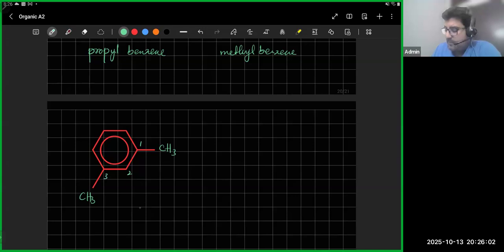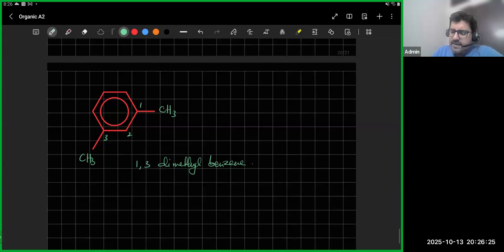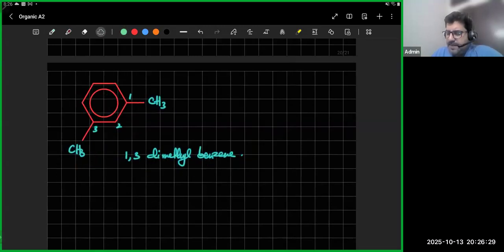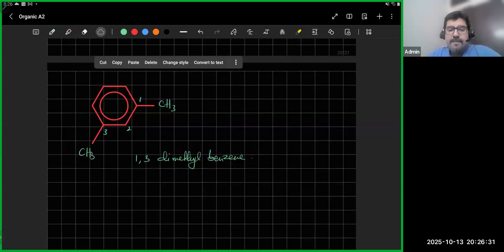So it's going to be 1,3 dimethyl benzene. Anyways, the naming is not that important because in benzene's case, systematic nomenclature usually is not followed because the naming is so complex that they just call it some random generic name instead of giving it a systematic name.